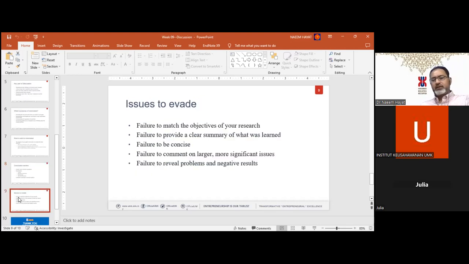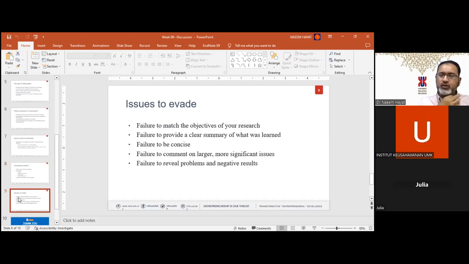The last thing that, while we are writing the conclusion section, we must try to avoid and fight. If we fail in that, it creates a problem, and it will not be a genuine conclusion section. So the first thing is failure to match the objective of research.